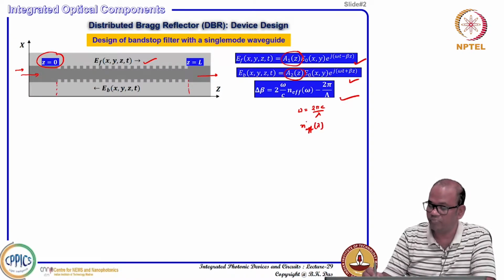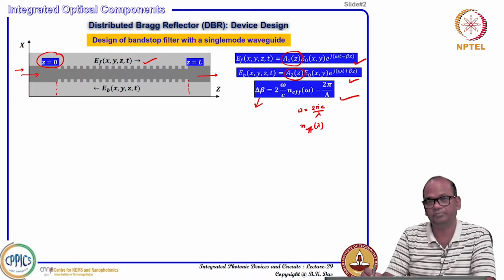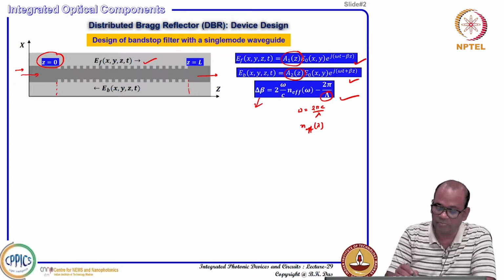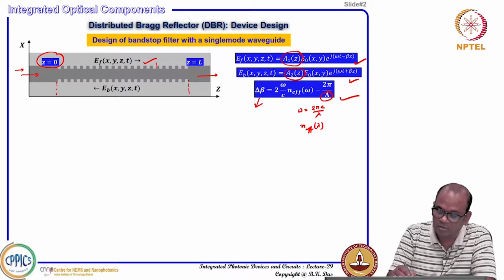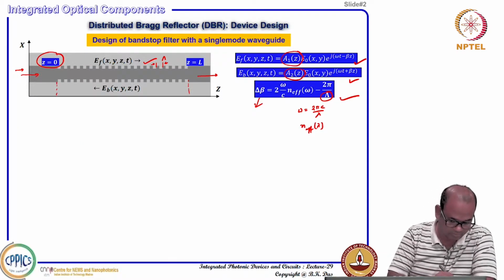As a whole, you can express delta beta, the difference in propagation constant, that phase mismatch factor, in terms of lambda. And this capital lambda is the period of the grating structure, from here to here. All these we have discussed in earlier classes.